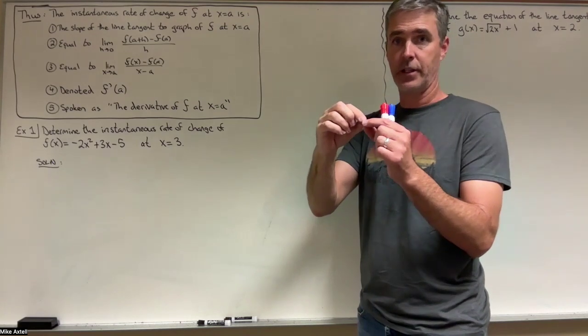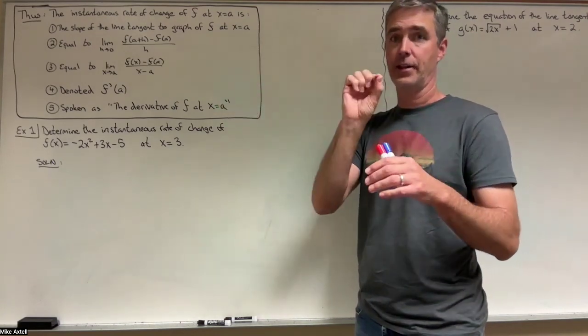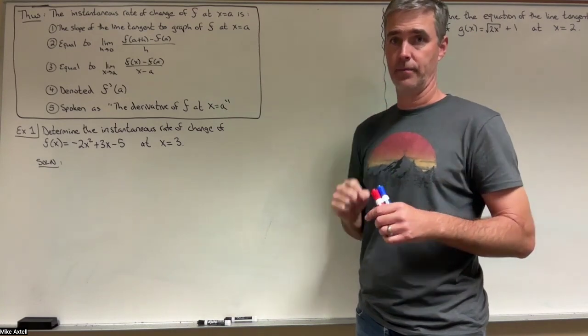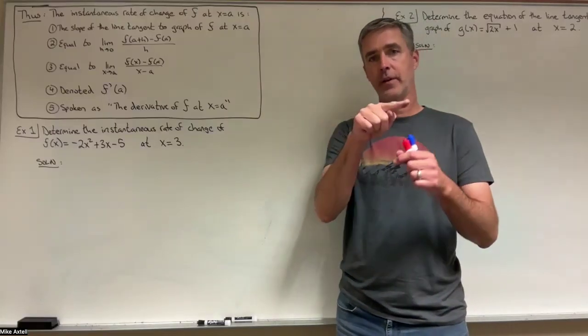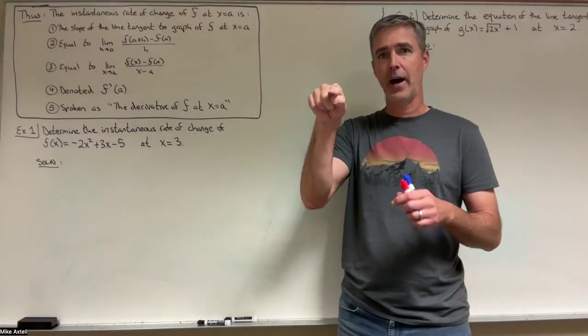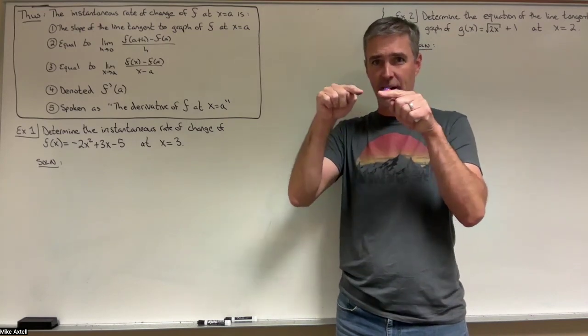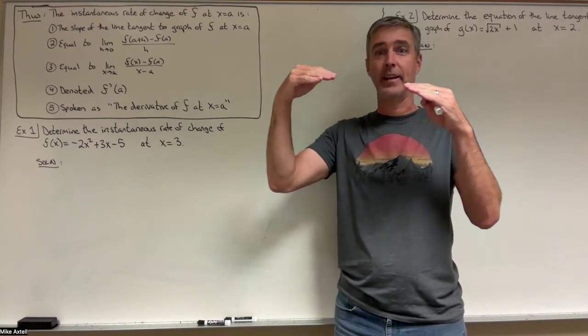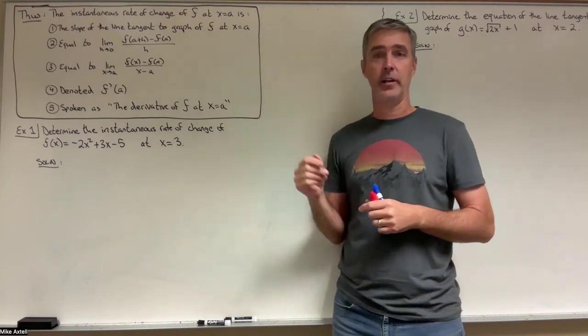And tangent means the line just barely glances off of the graph of f and touches it in exactly 1 point, okay? Another way of thinking about the tangent line is if you've got a curved graph and you pick a spot, if you zoom in on that spot really far, that curved function will start to look like a line if you zoom in far enough. That line's the tangent line, okay?